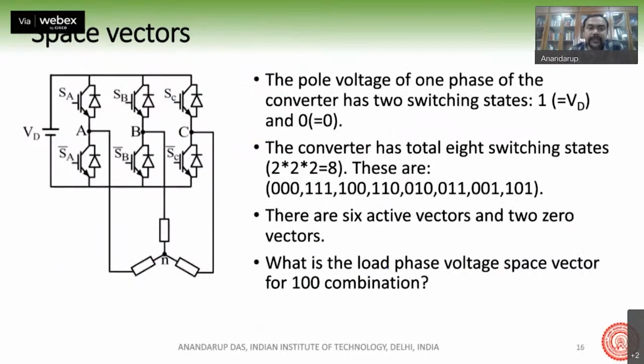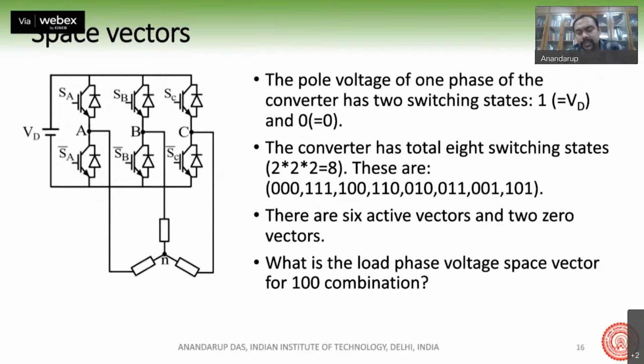So the space vector can be applied to any variable. You can have a space vector of the pole voltage, load phase voltage, load current, etc. Now we find that the space vector is related to the converter switching states, because when you put different switching states, of course, there are 8 switching states possible from the converter if it is a 3-phase 2-level converter.